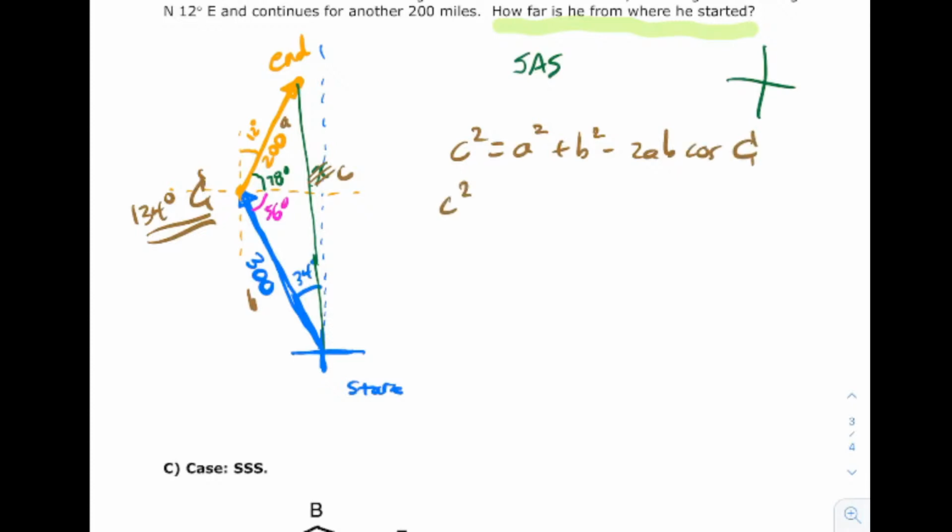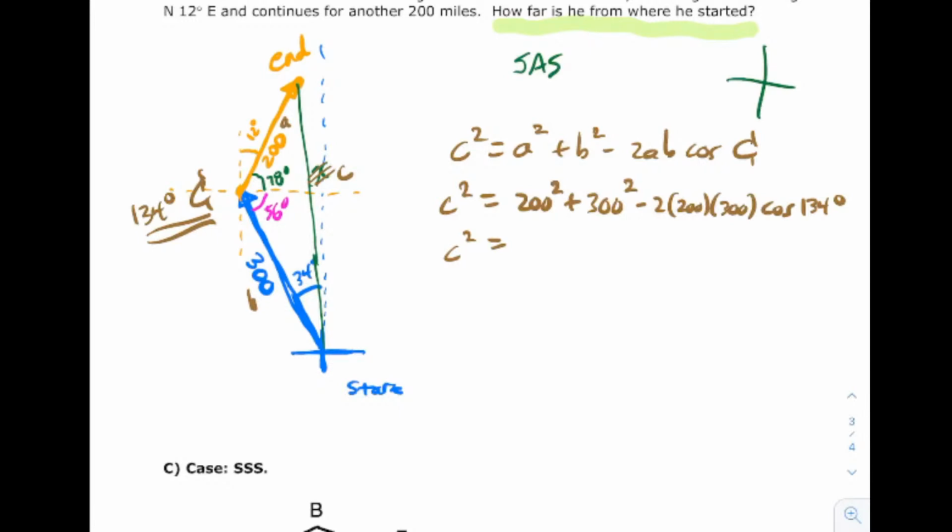So C squared equals A is 200 squared plus B is 300 squared minus 2 times A is 200, B is 300, times the cosine of that angle that we just figured out, 134 degrees. C squared equals 200 squared plus 300 squared minus 2 times 200 times 300 times cosine 134.